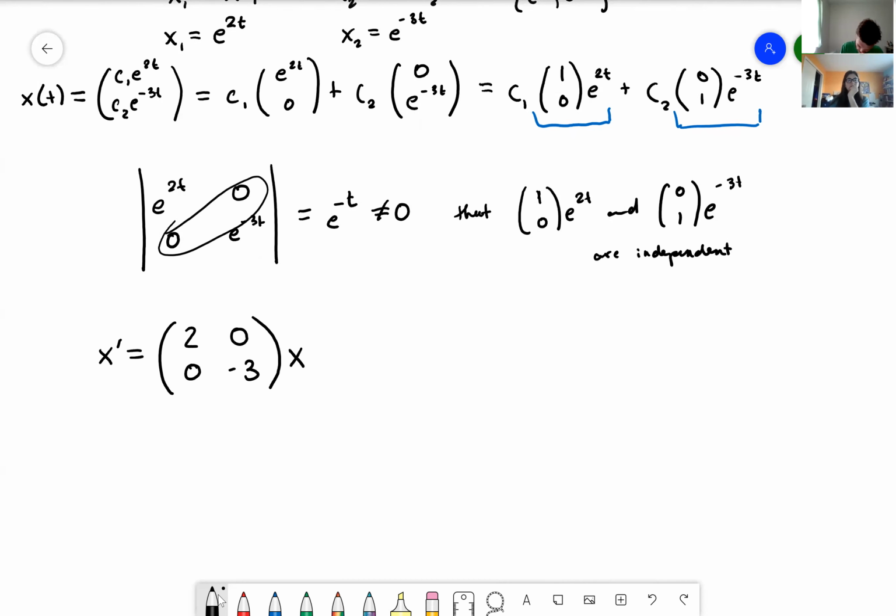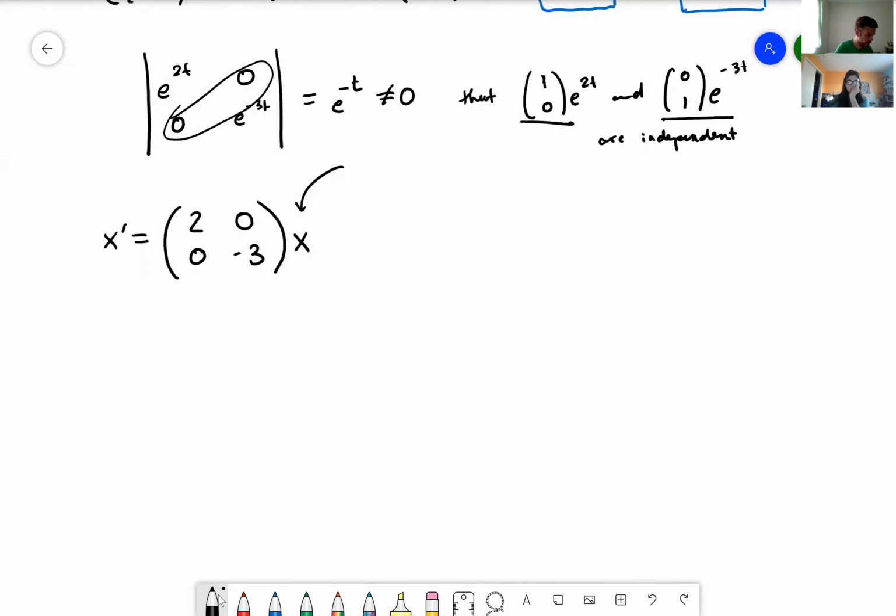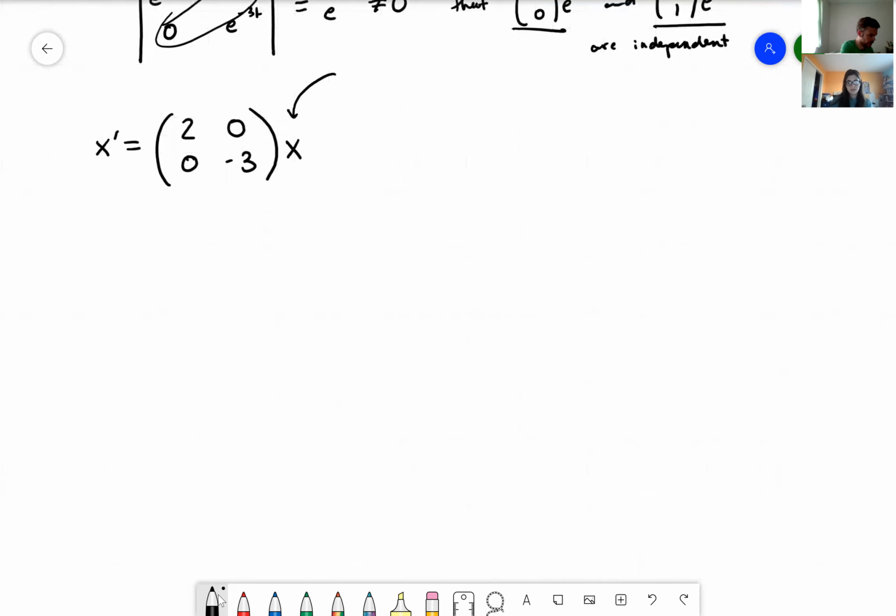So we have two independent values that we can plug in for x here and here that give us solutions. And so all of the solutions can be written in the form of those. Okay, let's look at another example.